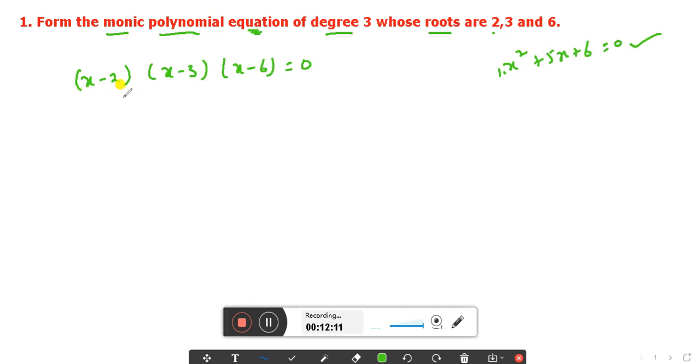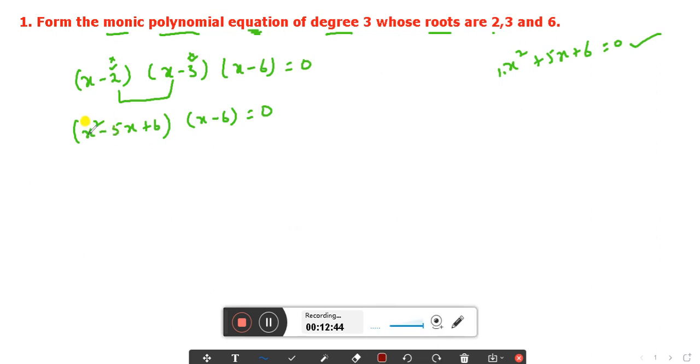When you multiply these two expressions, x into x, x square, and minus 2 and minus 3, minus 5x, and when you multiply minus 2 into minus 3, that becomes plus 6. Again x minus 6 is there here, equals 0.